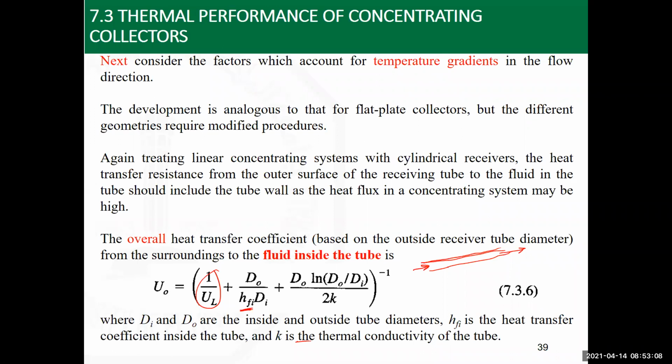This is the inlet fluid temperature, this is the amount of energy falling into the collector, and accounting for the losses, what would be the exit fluid temperature? How effectively can we heat this fluid?